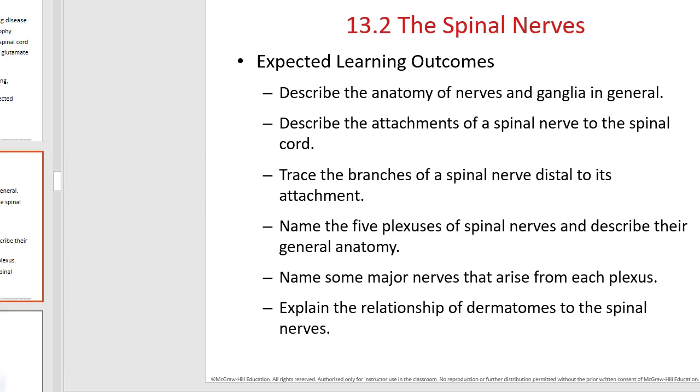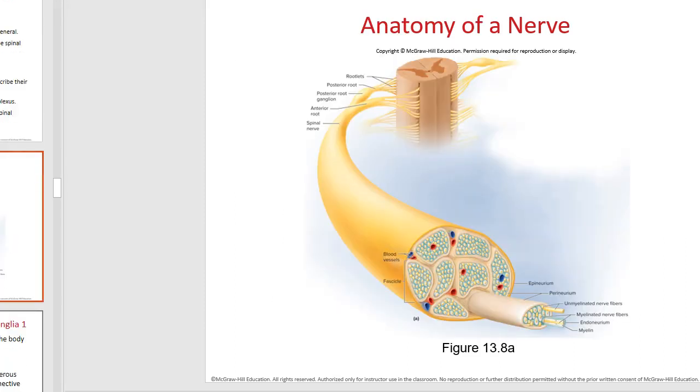So let's look at the spinal nerves. We have about 31 spinal nerves, and they can be broken down into what we call plexuses, and we'll go through that. We've talked about this before. The anatomy of a nerve: we have little rootlets at the end attached to the spinal cord, the posterior root, anterior root, the spinal nerve, blood vessels, and fascicles.